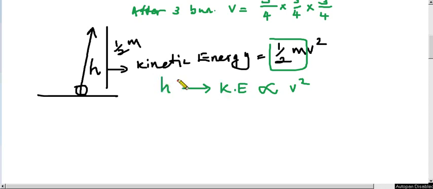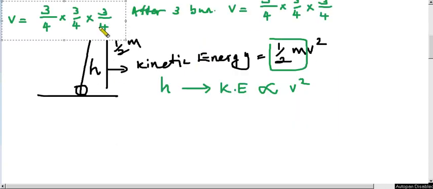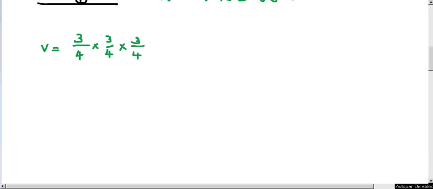So let's check what v squared is. So this is the v. Simplify it before we go to kinetic energy. 3/4, how many times?